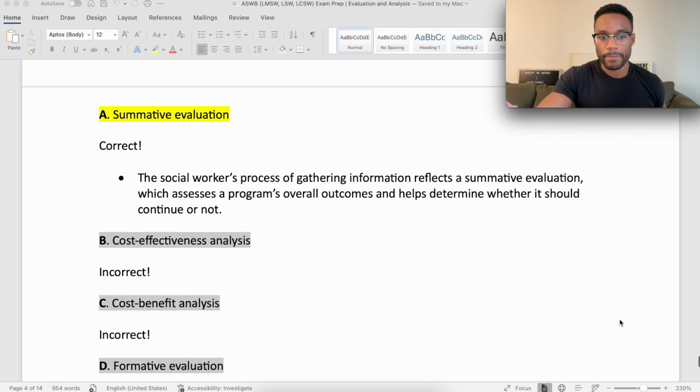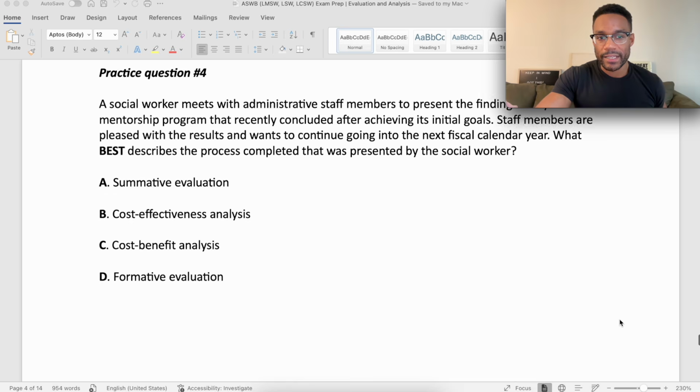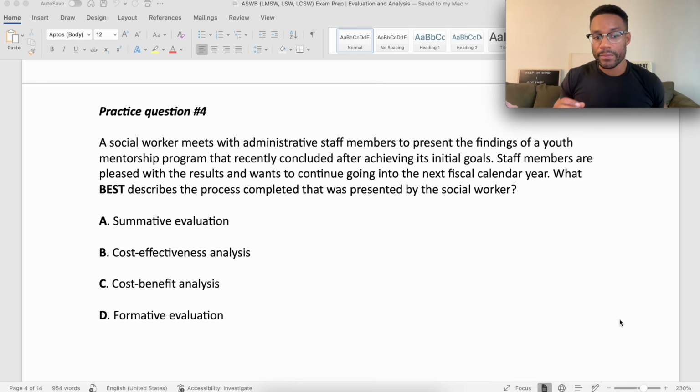Because remember, on the exam, when we're differentiating between them, summative occurs at the end. Formative evaluation usually occurs at the beginning, in the early stages, an ongoing process, not necessarily after it's all said and done. So we're able to differentiate between them off of that alone, no matter how the details are worded.